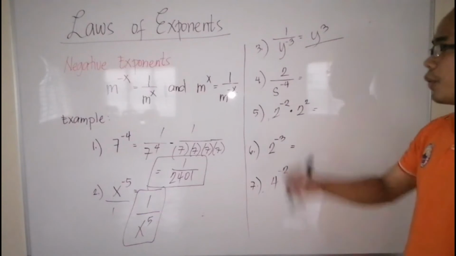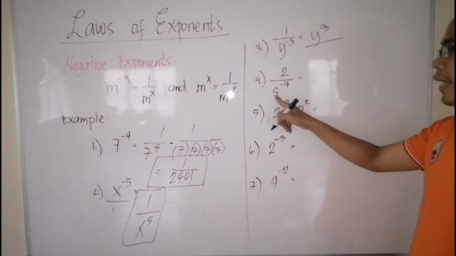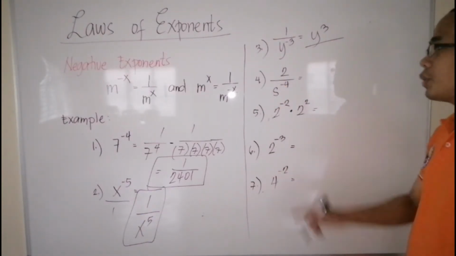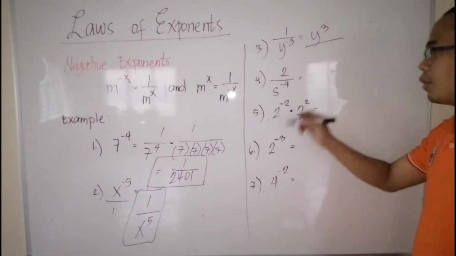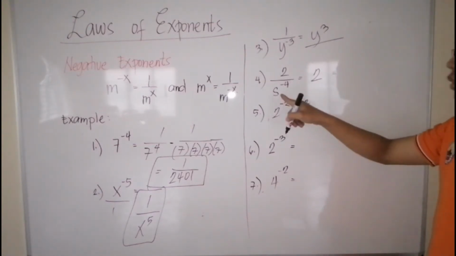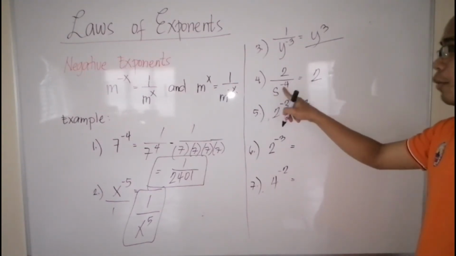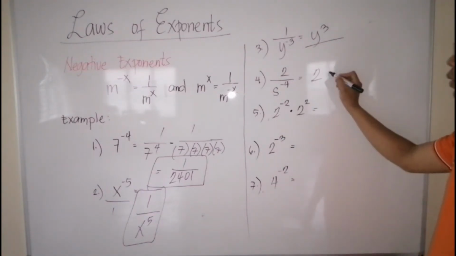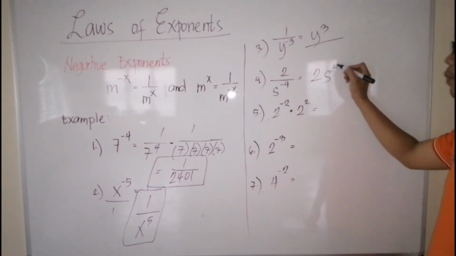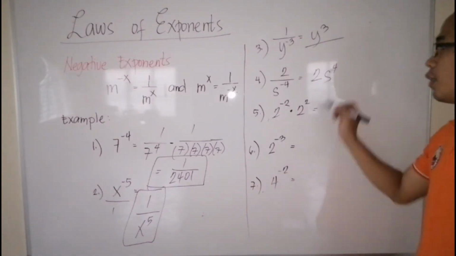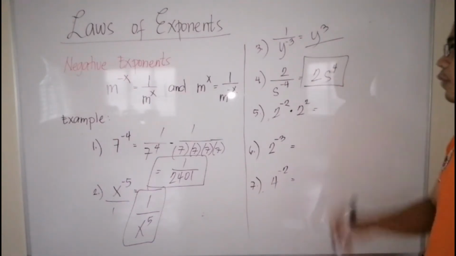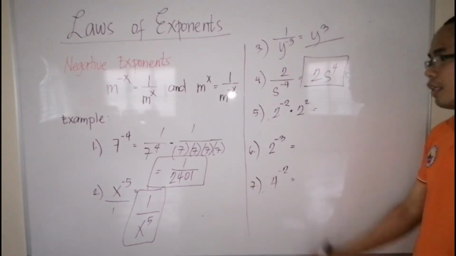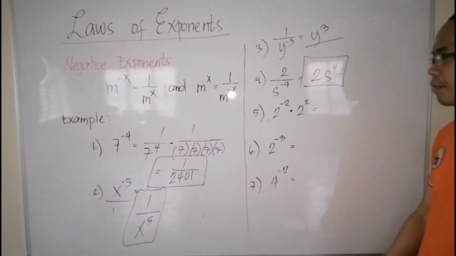Okay. Number 4, 2 divided by x raised to negative 4. Itong 2, wala tayong di-divide na ito. So, copy natin yung 2. Since ang denominator natin, meron siyang negative exponent, ilalagay mo siya sa numerator para maging positive. So, yung exponent, positive na yan, magiging 4. Okay. Yan na yung final answer natin. Number 5.